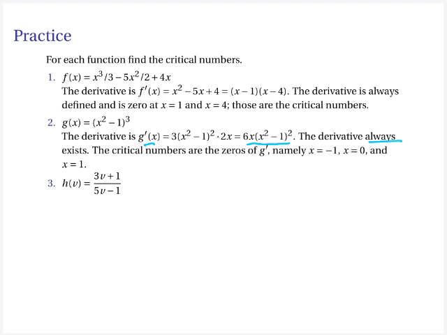So we only need to worry about zeros. And so when you look at this expression, you say to yourself, well, x equals 0 or x equals plus and minus 1. And so those are critical numbers. There are only stationary numbers. There are no places where the derivative is undefined. So I must be going to do an example where the derivative is undefined. So you see it sitting right there. So please, one more. We'll try practice.